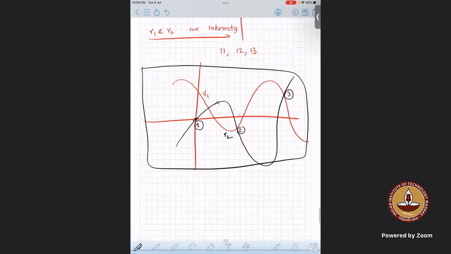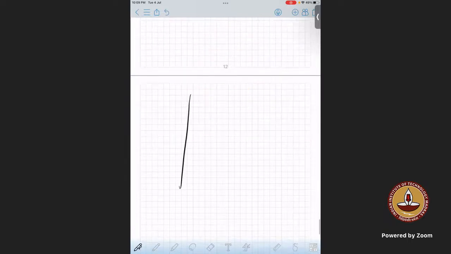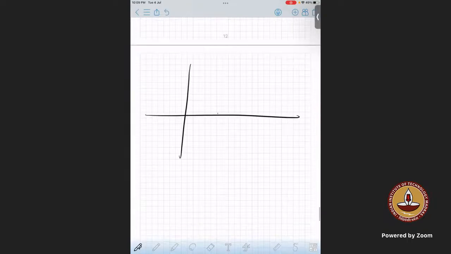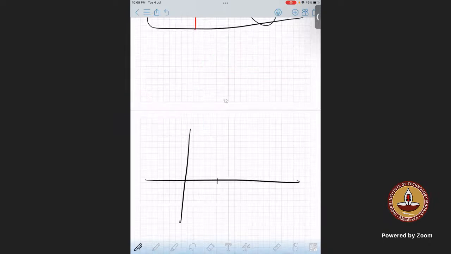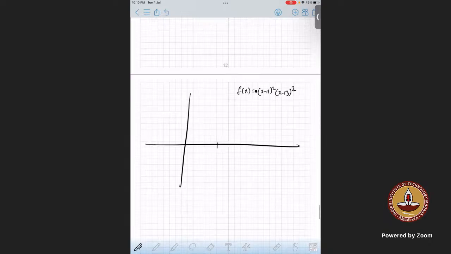Here, what they gave is R1 and R2. Okay, I will draw the graphs for these. We get f of x equal to (x minus 11) whole squared, (x minus 13) whole squared. g of x is equal to minus (x minus 11)(x minus 13). 11, 13.